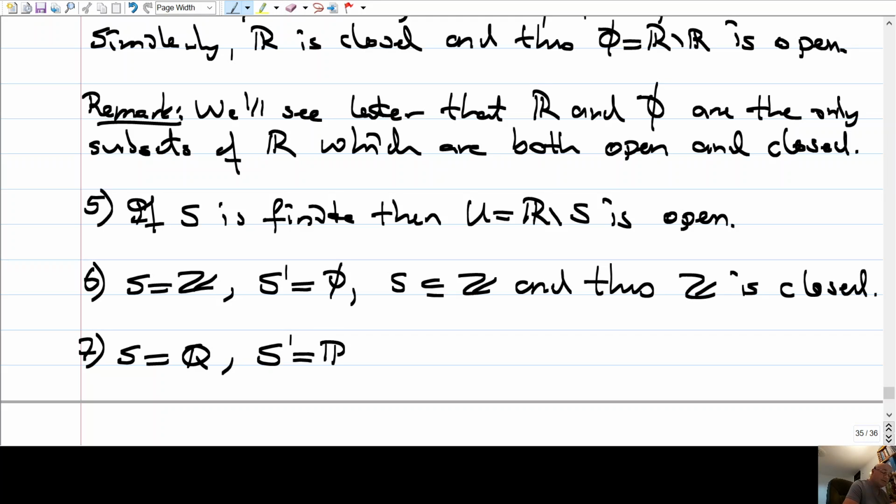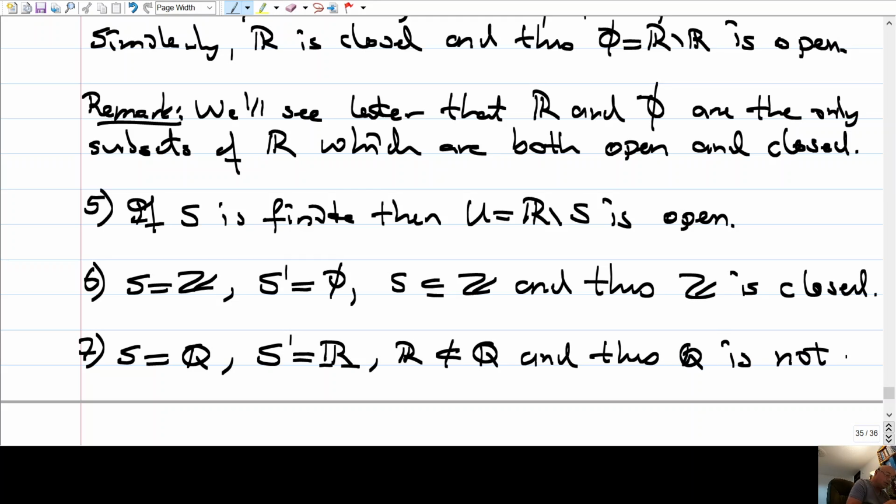Therefore, S prime is equal to R. If around any real number there are infinitely many rational numbers, therefore any real number is an accumulation point of Q, and therefore S prime, in this case, is not contained in Q, and thus Q is not closed.